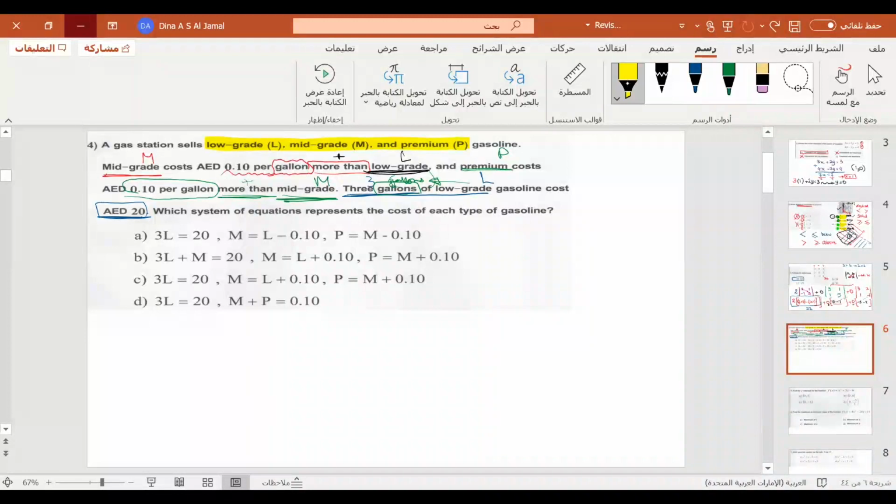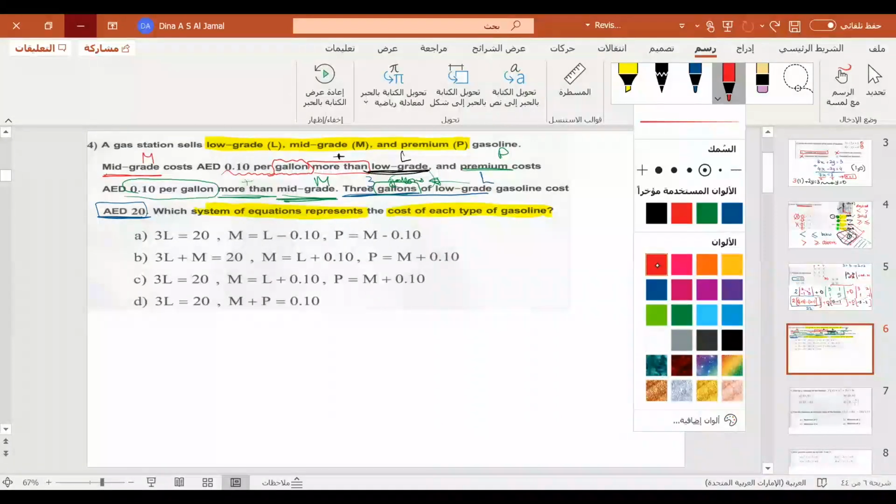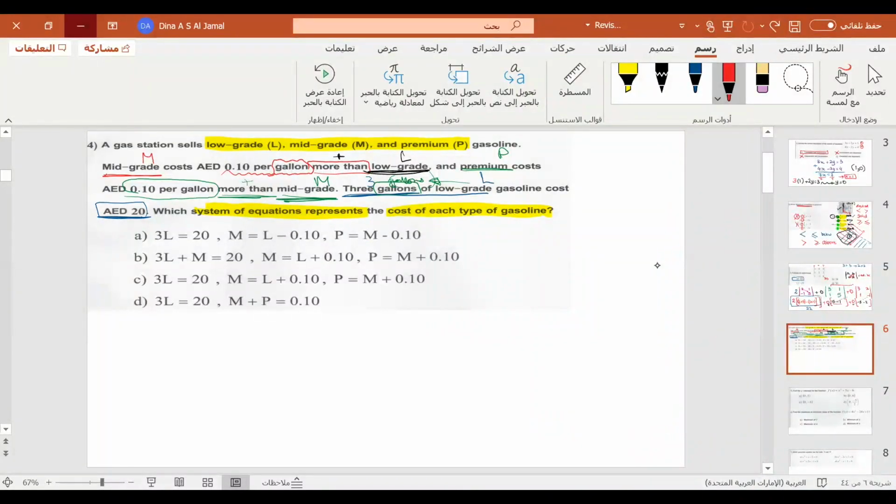Great. Now, which system of equations represent the cost of each type? So previously I helped you to focus and know what is the relation between each of them.